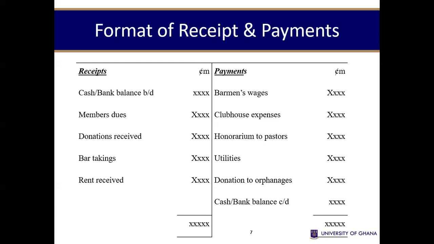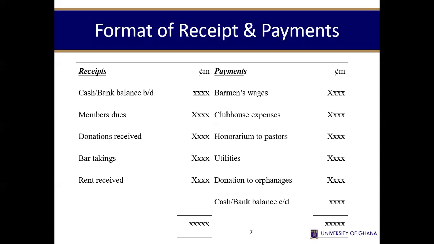So it's possible that someone will be there, okay, who is in charge of the shop, and for that reason, there's a need to pay that person. And then, of course, the other payments like utilities, and if they also make some donations to other organizations, they would also account for that as part of their payment.